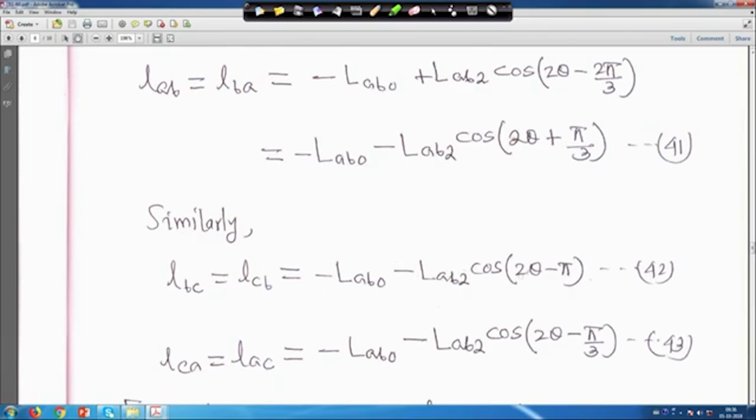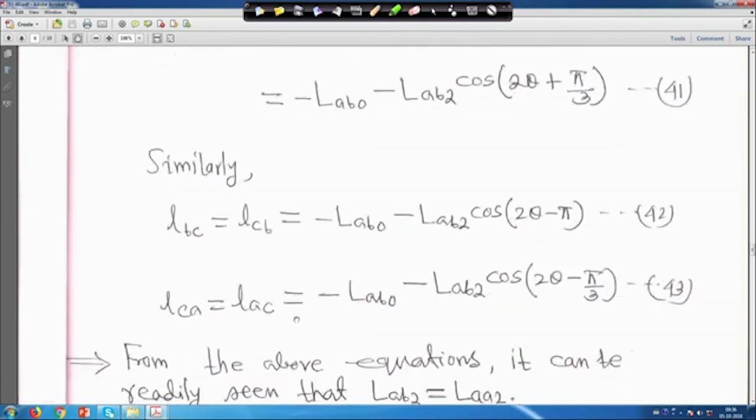So this one will be cos of 2 theta minus pi, and similarly L C A, that is L A C, will be minus L A B 0 minus L A B 2 cos of 2 theta minus pi by 3, because they are 120 degrees plus 240 degrees apart. If you look at this, you will see the differences are 180 degrees and 120 degrees. This is equation 41, this is 42, and this is 43.